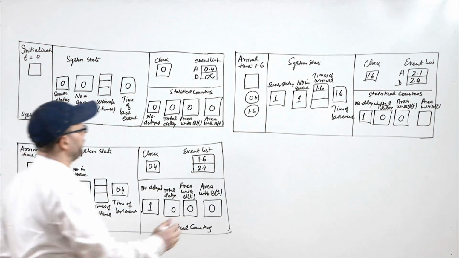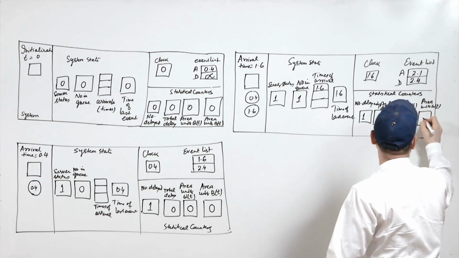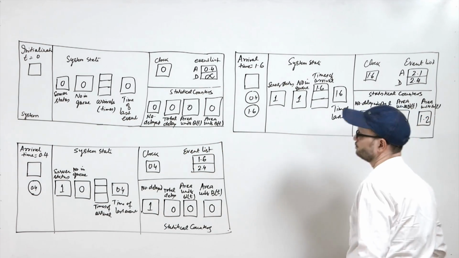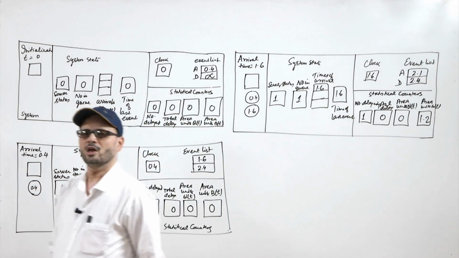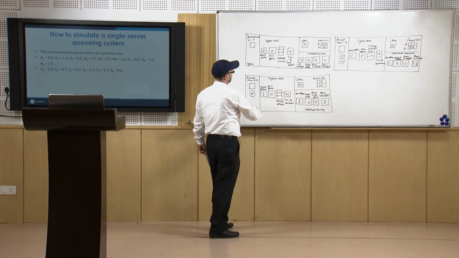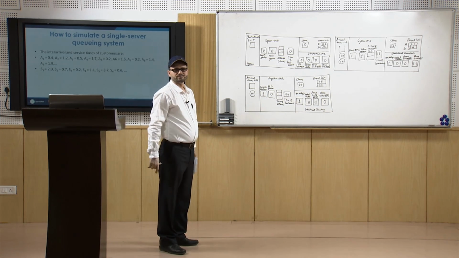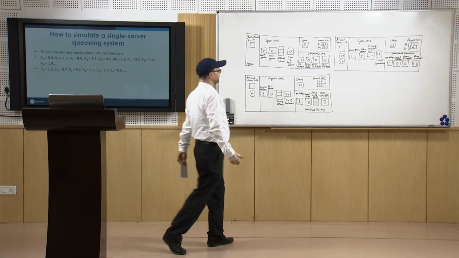So, 1.6 minus 0.4 is 1.2, multiplied by 1, so it will be 1.2. Under the BT function, because the server is now busy, this value will increase. Now, let us see the next.